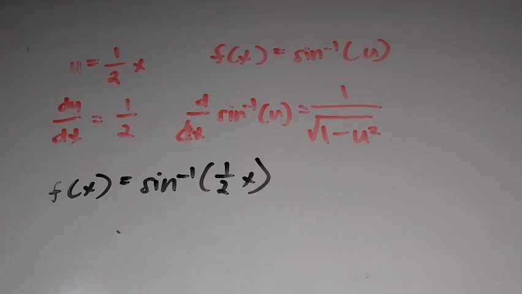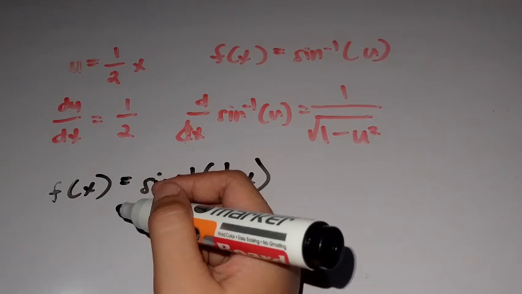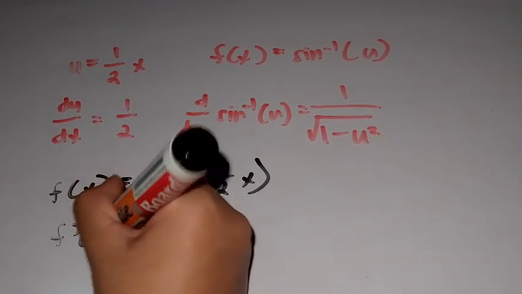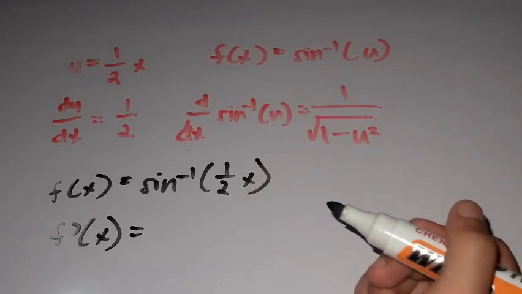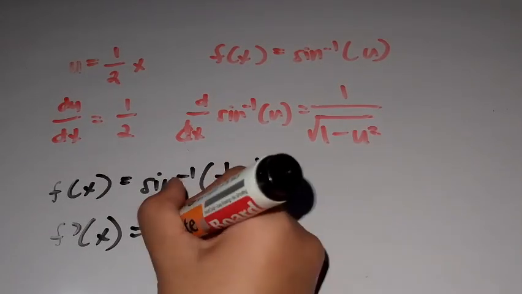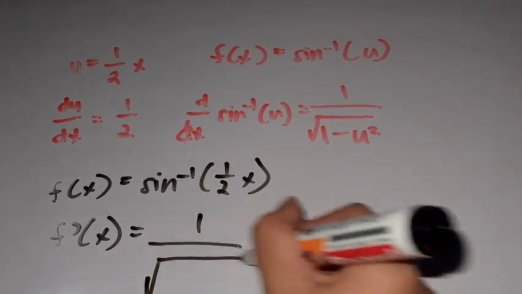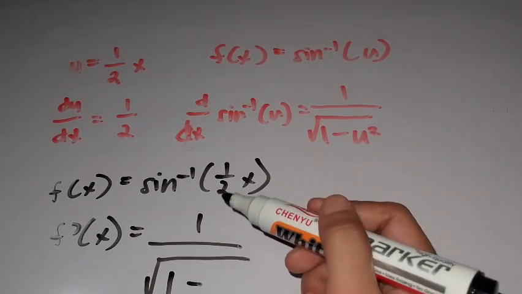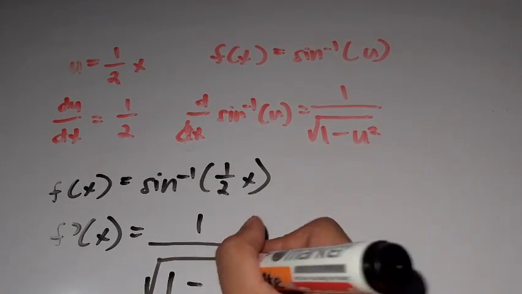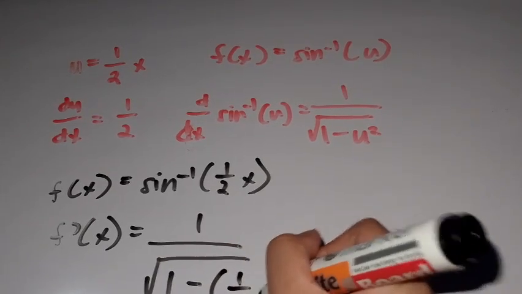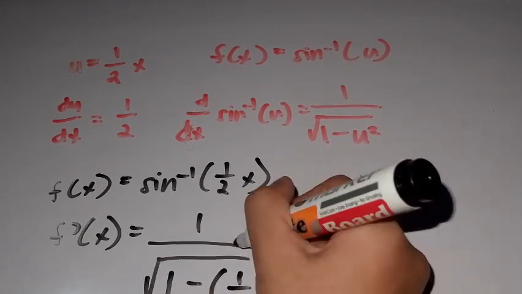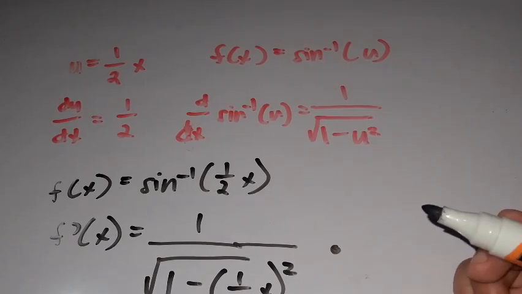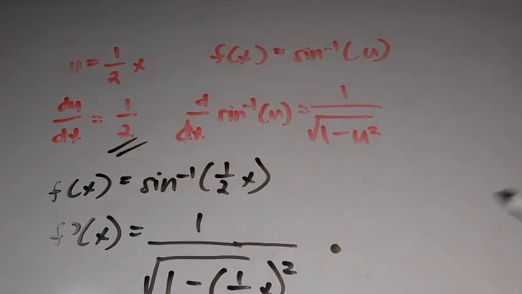Now we have 1 over square root of 1 minus u, where u is 1/2 x, multiplied by du/dx. Our du/dx is 1/2.